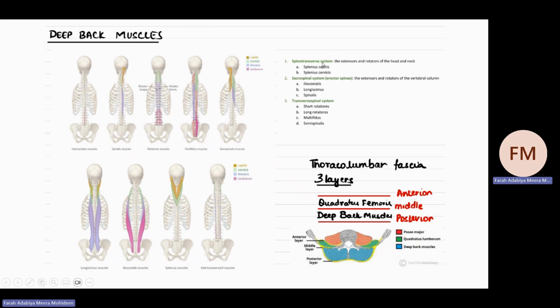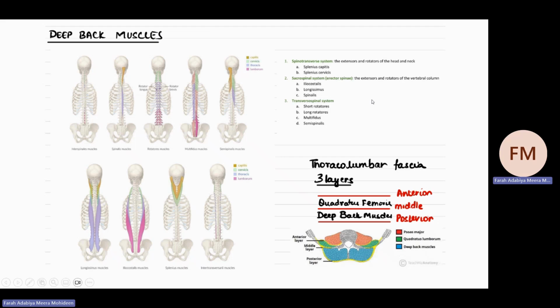So there's two muscles here, splenius capitis and splenius cervicis. And the major function of this is to extend and rotate your head and neck. And the innervation is basically your posterior rami of C3, C4, or basically lower cervical spinal nerves, right?